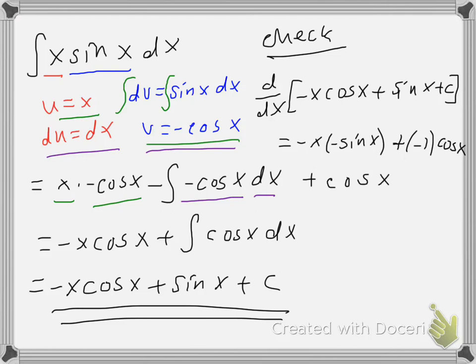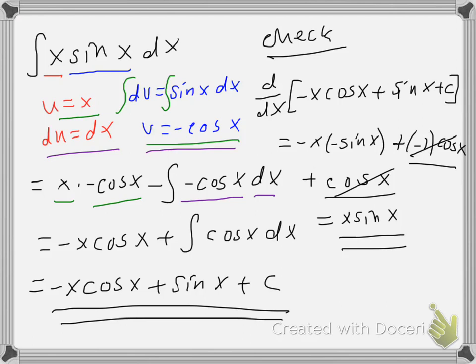Derivative of a constant is simply 0. Now this, of course, just becomes x sine of x, as the cosine of x with this negative cosine of x add up to 0. So I do get back the original.